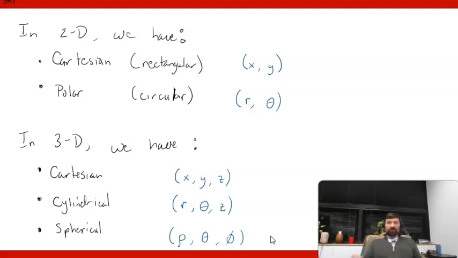Now, I could kind of end there, but I actually wanted to give a sort of example by way of drawing for the 2 that are in 2D. Again, we're not really going to do much 3D coordinates in Physics 2, so I'm really focusing on these 2 for what's left. But imagine that I have a grid.